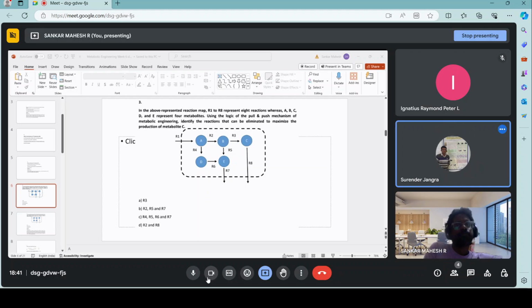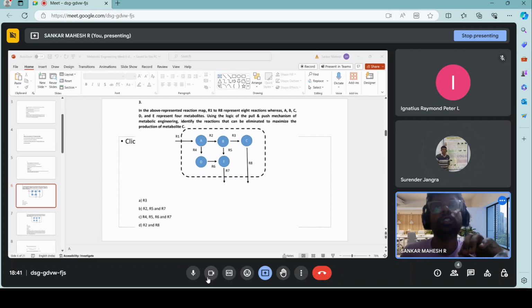Just to rephrase, we would push the upstream pathway or manipulate it so that the precursor metabolite synthesis occurs. Then we'll pull it for production of our downstream product of interest. So that was the pull and push logic that was discussed.